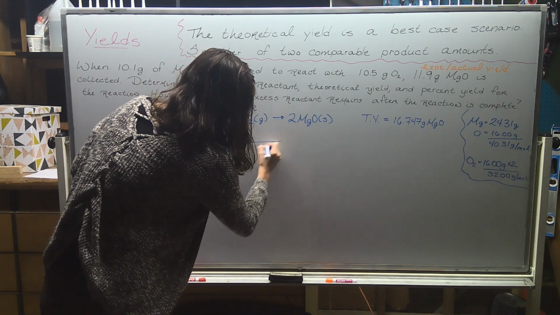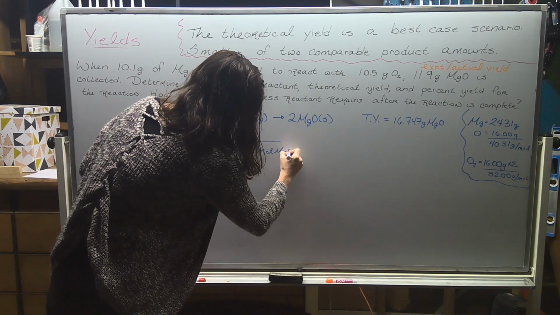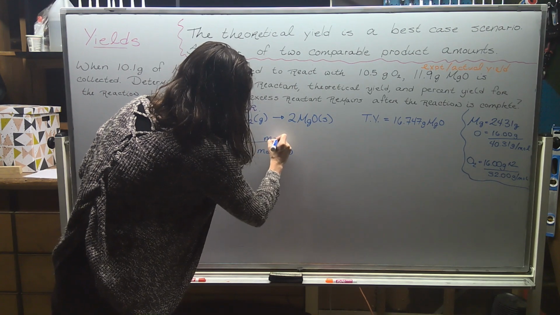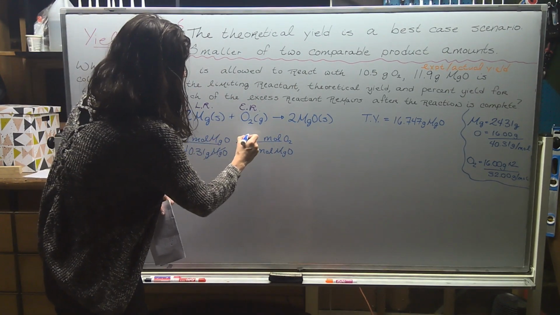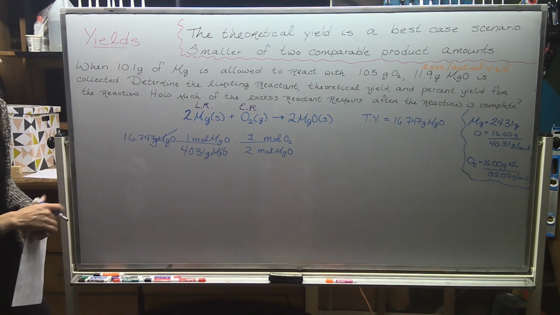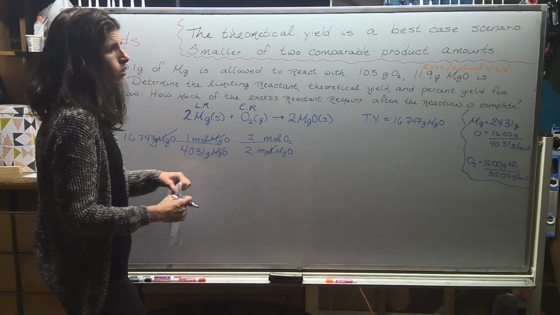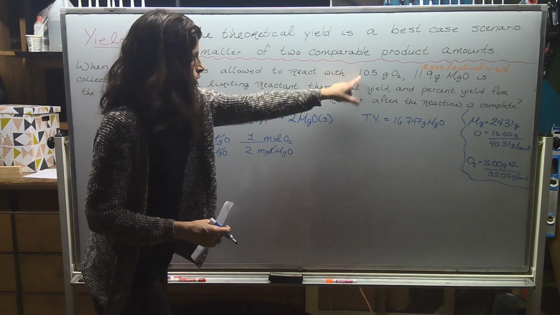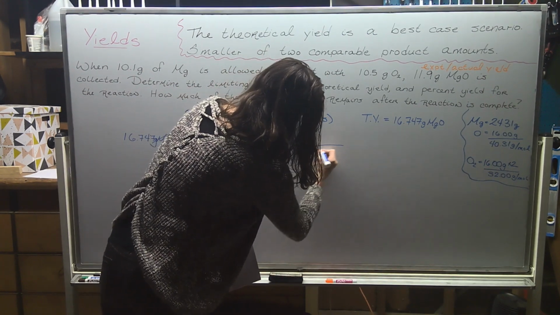Now I want to get rid of moles of magnesium oxide. And it needs to go to moles of my excess reactant. So I'm going to do a 1 in front of the oxygen and a 2 in front of the magnesium oxide. And now, since I'm going to have to subtract the values, and this is in grams, I do need to be back in grams with my oxygen gas.